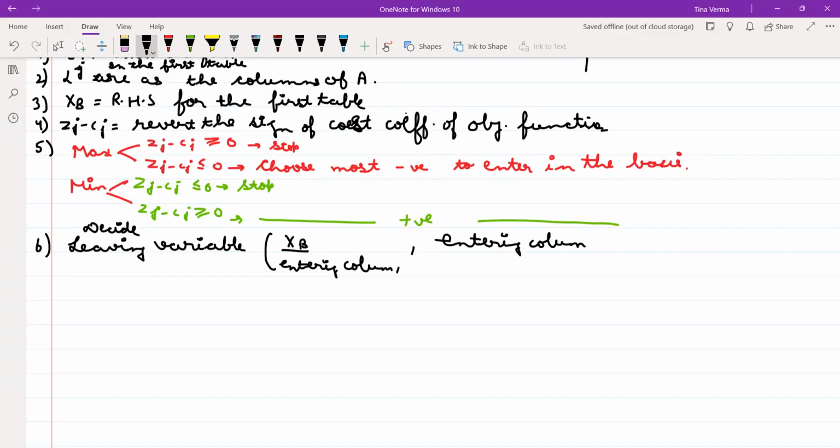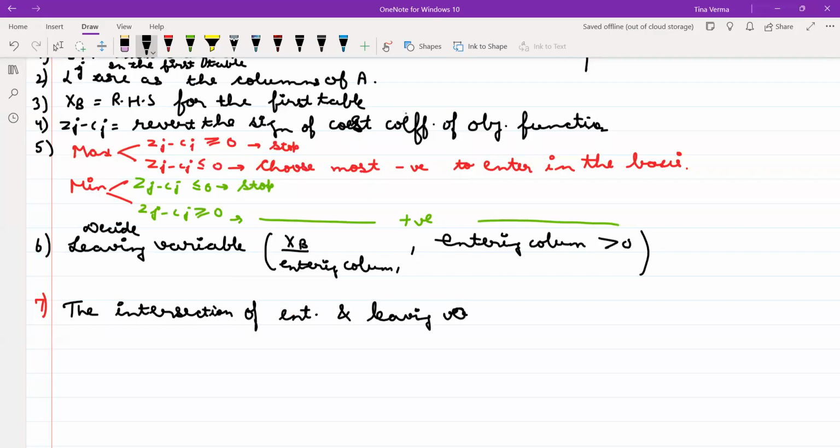If your column's entry is less than or equal to 0, then you will not find its minimum ratio. Is it clear? Right? So when you have decided the entering and leaving variable, the intersection of the entering and leaving variable will be the pivot element.